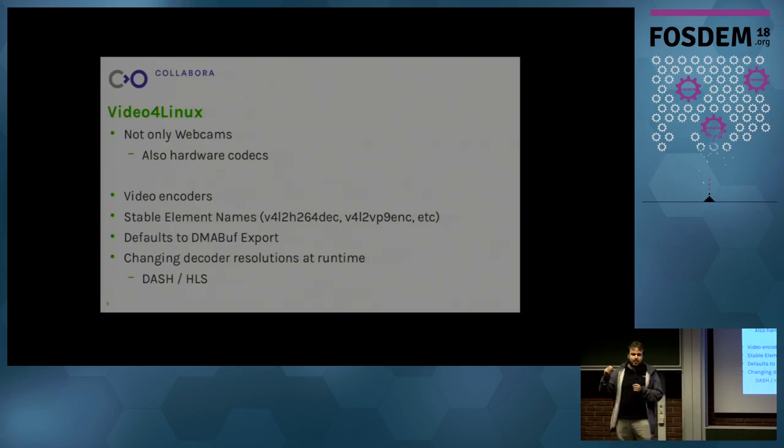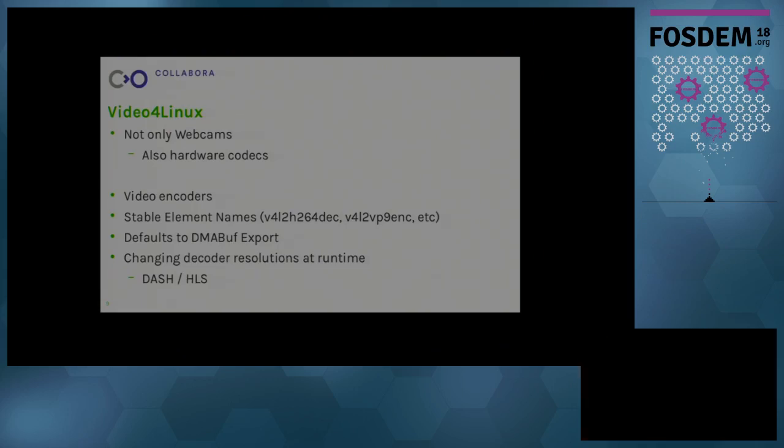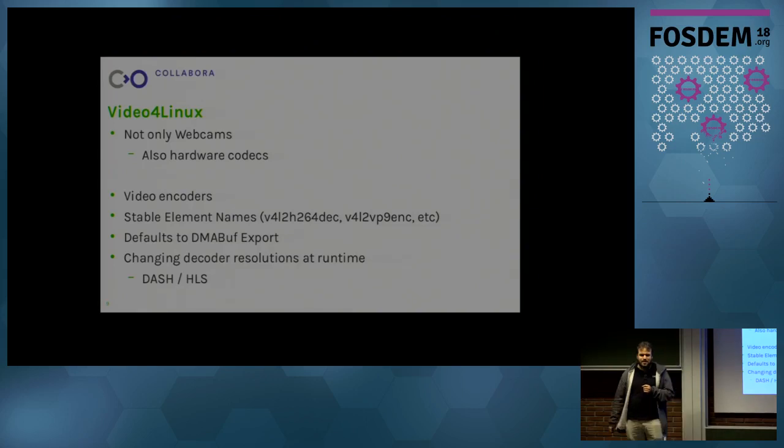GStreamer has probably the most complete support for this API, where, as far as I know, FFmpeg just had something merged recently, but as far as I know, we're the only ones that really implement all of the features. Different implementations, like the one in Chrome OS, actually have one copy of the code for each different hardware with different quirks. We try to avoid that, and we tell the kernel driver maintainers to just fix their drivers and follow the API.